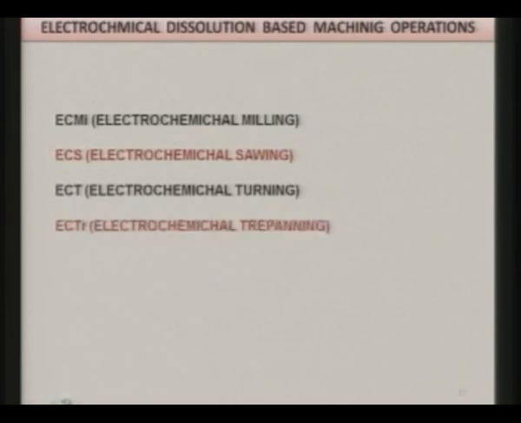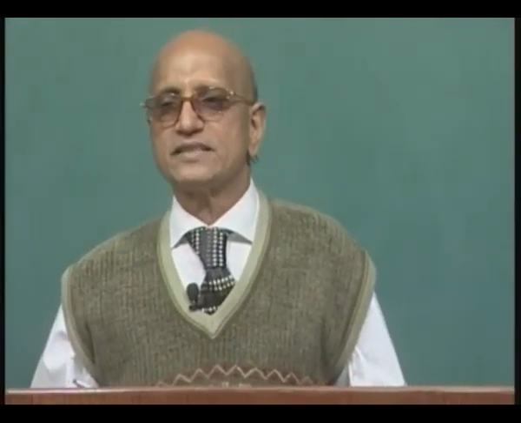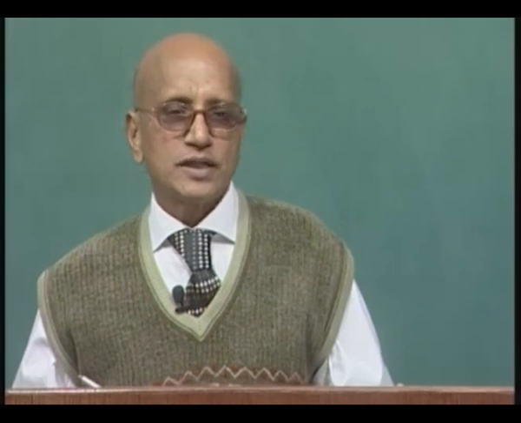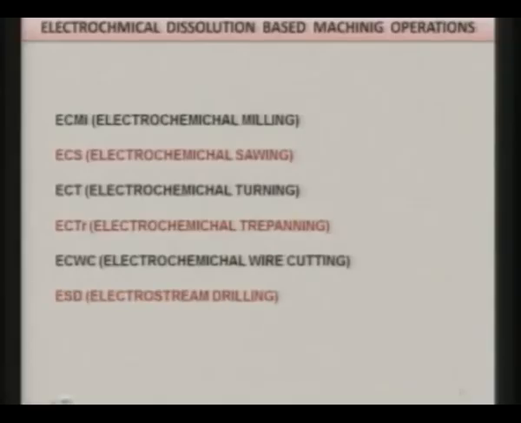Then electrochemical trepanning, and electrochemical wire cutting, just like wire electric discharge machining, in the same way you have an equivalent electrochemical wire cutting process. Then you have electro stream drilling, and another very important process known as shaped tube electrochemical machining. We will discuss some of these processes in detail later on.